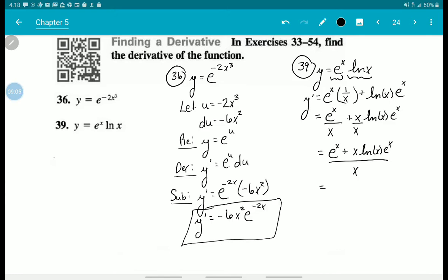And so we could factor out an e to the x, and that would leave us with 1 plus x ln of x all over x. So any of these would have been acceptable. Lots of different ways to write answers.